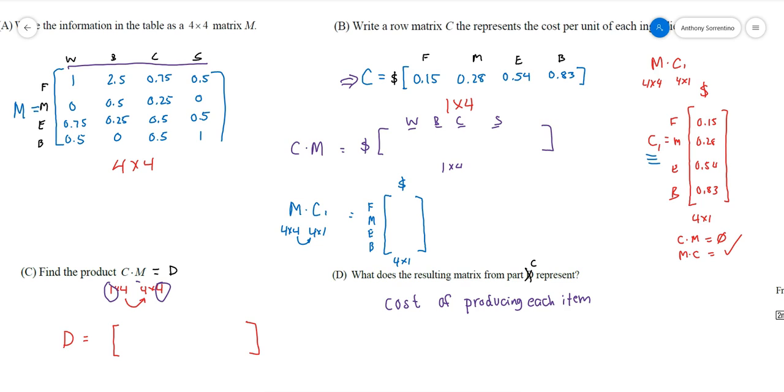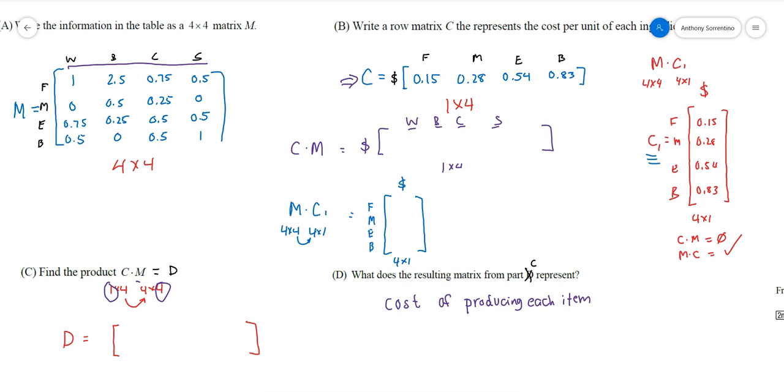That's one of the things you always have to be considerate about: what you're looking for, because sometimes they'll tell you. Find a matrix that represents the cost of each item. We have to figure out what kind of matrix I need to set up that goes along with M, and when I multiply it to M, in what order, to get what I need there. That can be a little bit tricky if they don't give you some of the information.